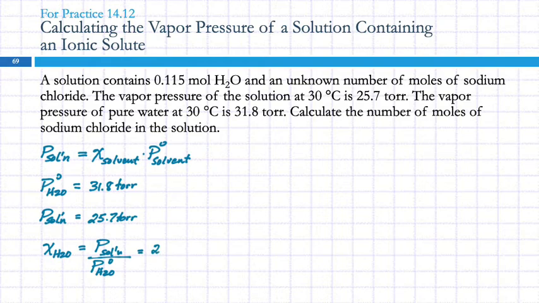So that's going to be 25.7 torr divided by 31.8 torr. The torrs are going to cancel out. 0.80818. Remember, mole fraction should always be between 0 and 1.